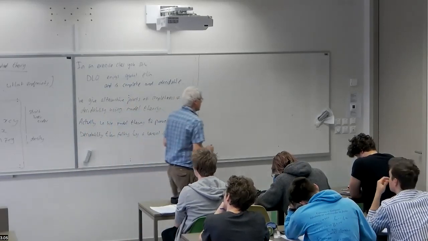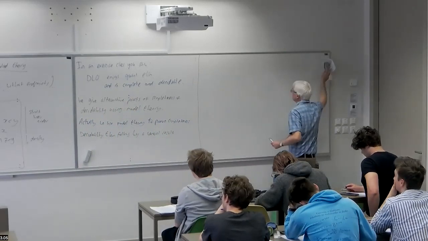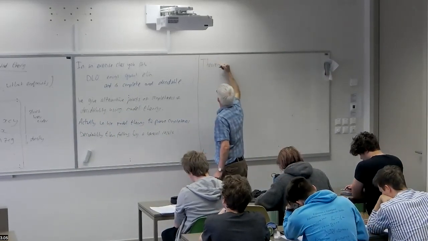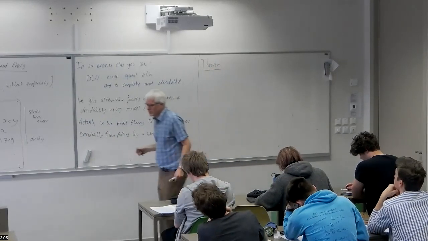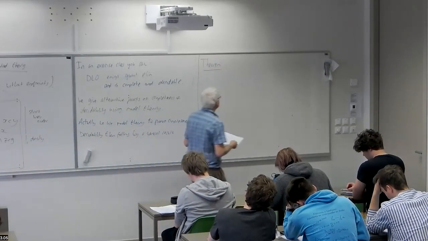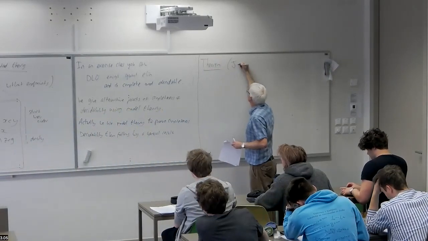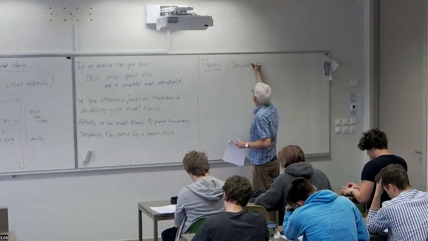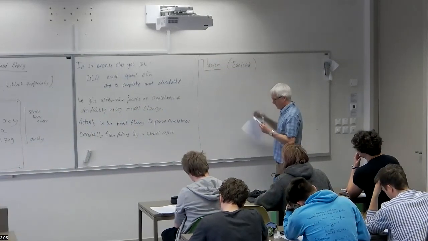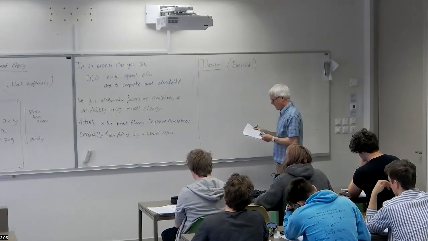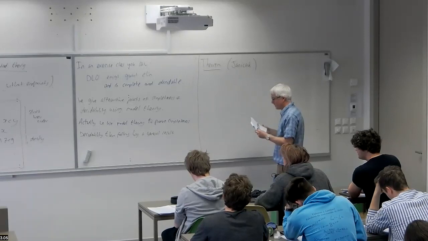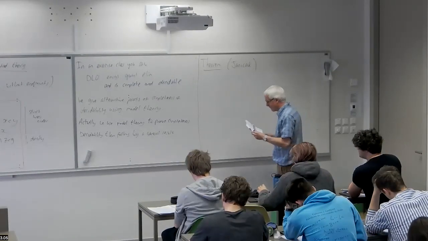So the general result is Janiczak's theorem. Actually, I've got no idea how to pronounce it, Janicak, I don't know. I don't even know what country he or she comes from. I don't know anything about them apart from that they have this theorem.